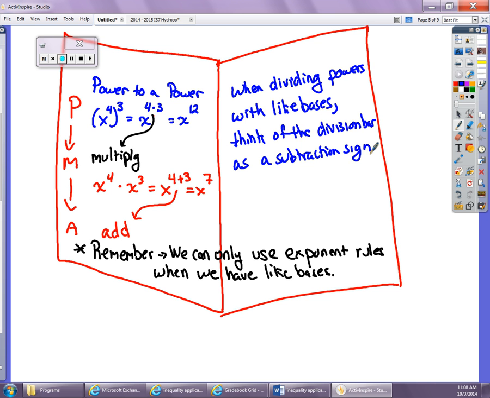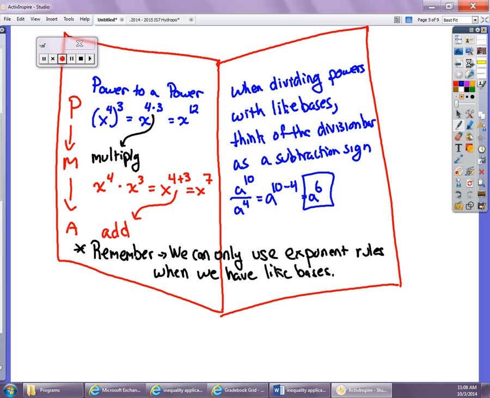So if we have a to the 10th divided by a to the 4th, this is going to be a to the 10 minus 4, which is a to the 6th. So that's about when we divide, but once again, we have to have like bases.